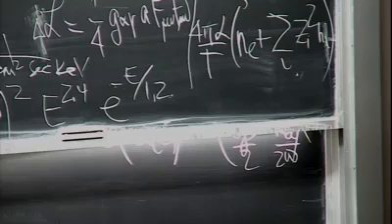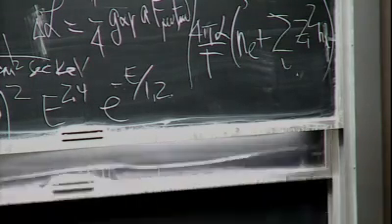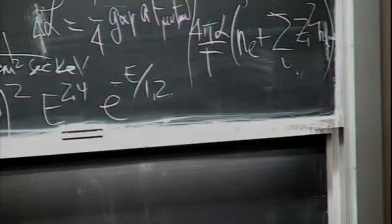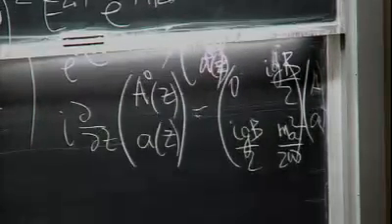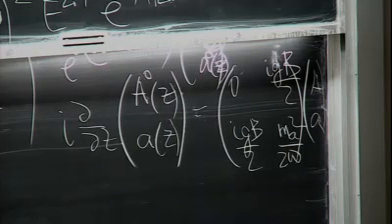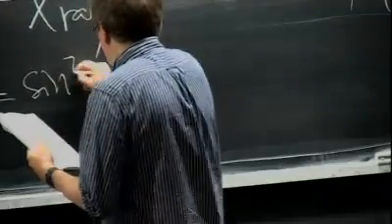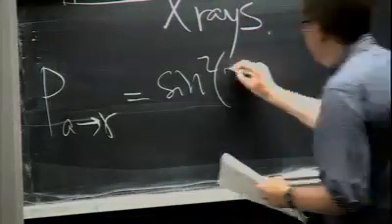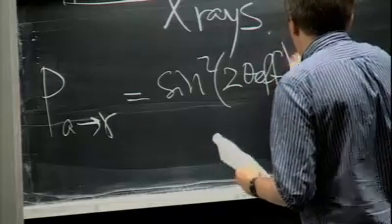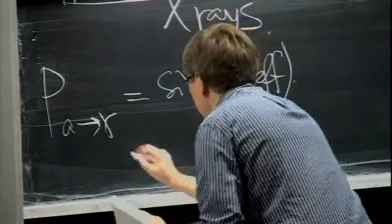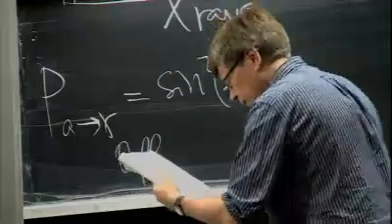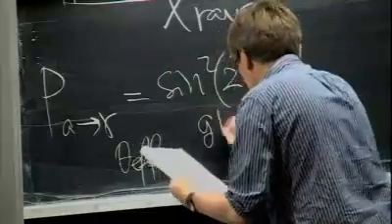Here, I'll just write an answer: the probability of converting an axion to a photon is proportional to the sine squared of 2 theta effective, where theta effective is read off by the ratio of this term to the difference of this. Theta effective is not a theta term now, right? It's a mixing angle.